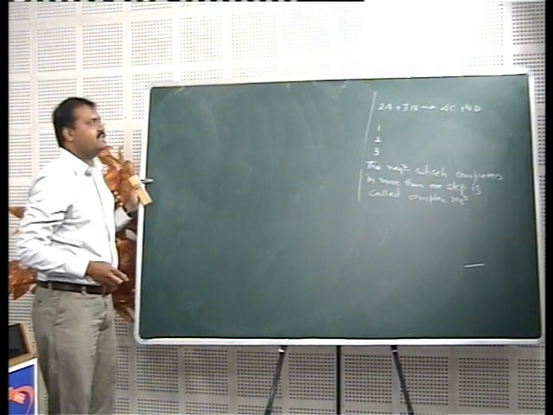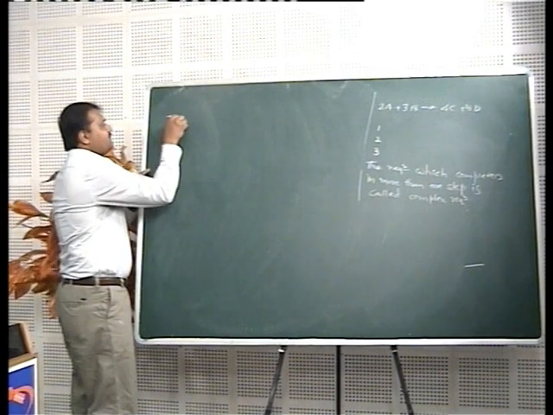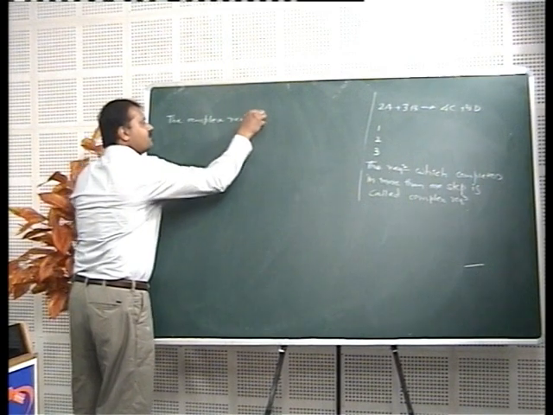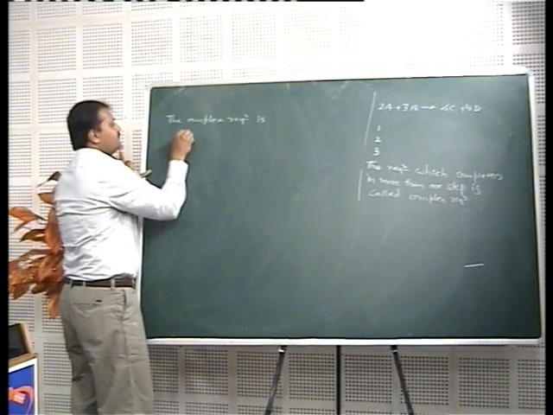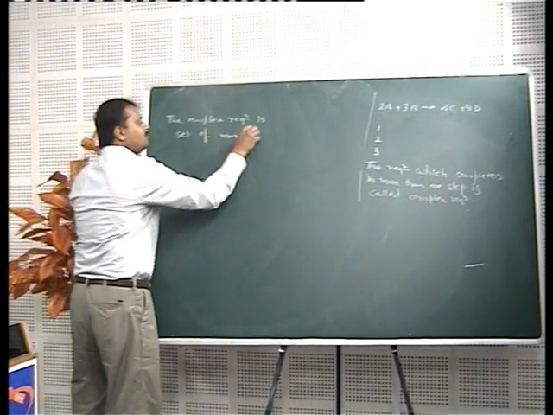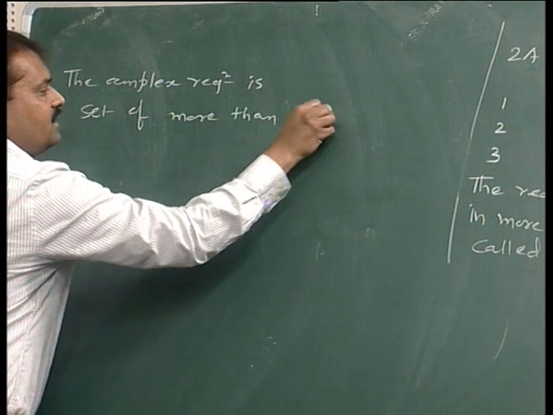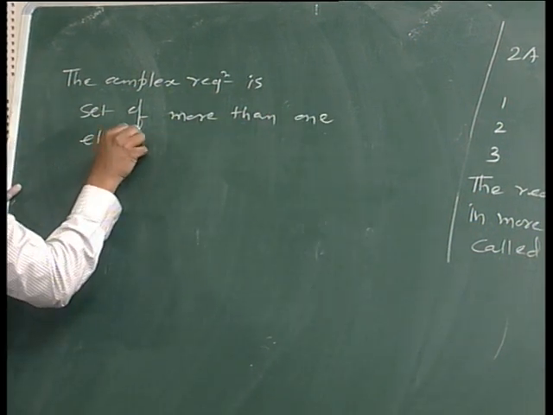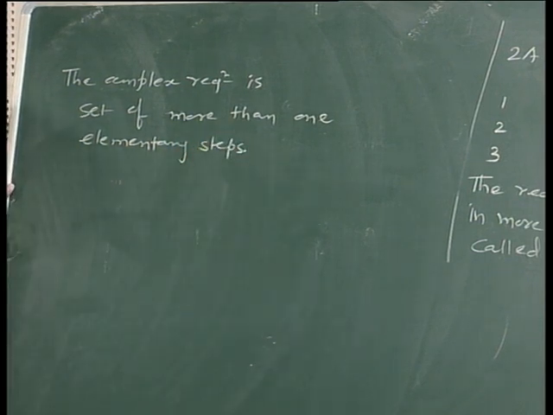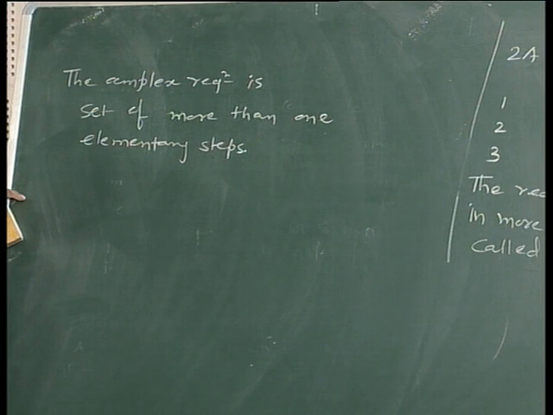And therefore one can say that the complex reaction is a set of more than one elementary steps. That means it is the combination of more than one elementary steps. Any complex reaction is having more than one elementary steps.